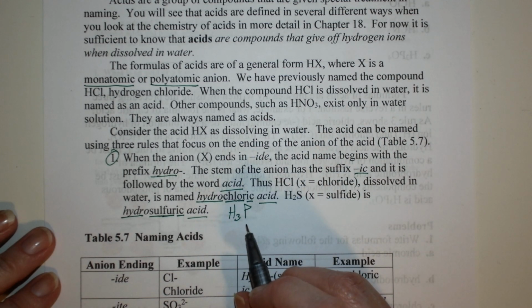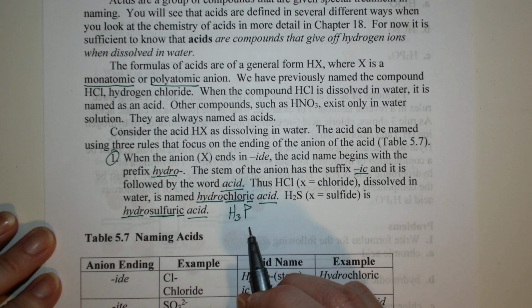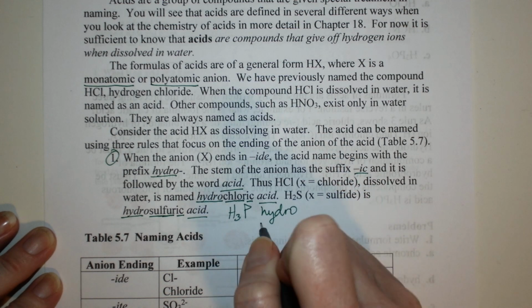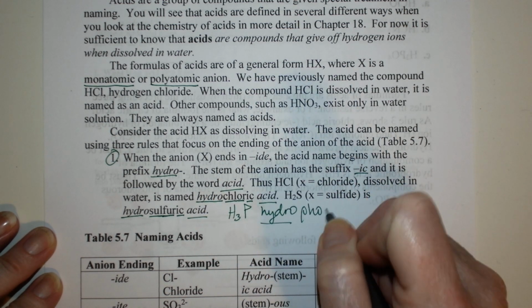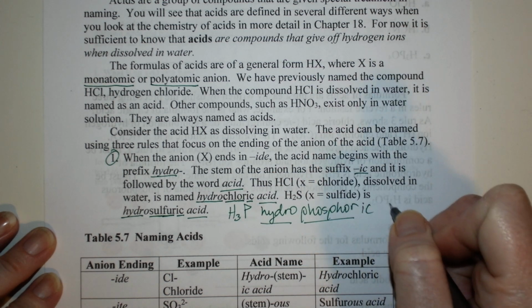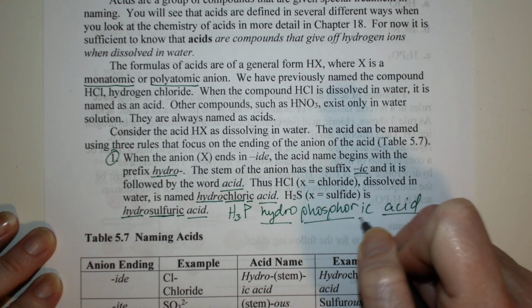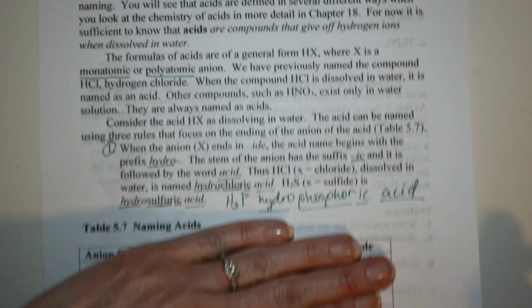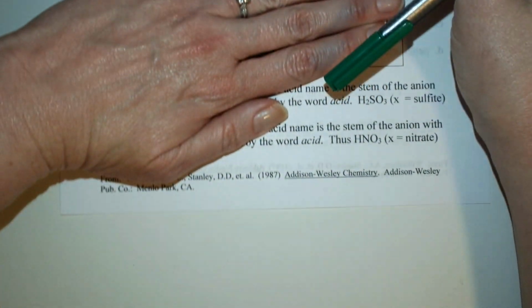If you were talking about an anion, the P would be phosphide, and the root of phosphide is phosphor. So this would be hydrophosphoric acid. Okay? All right.